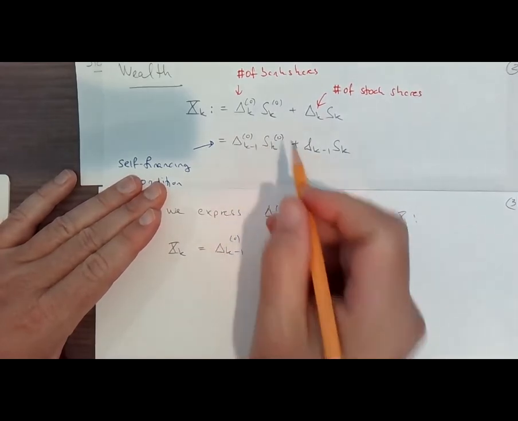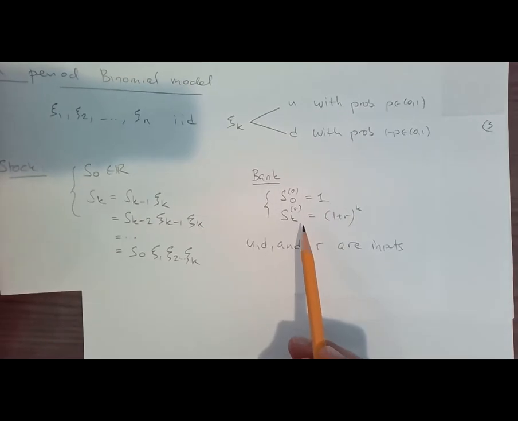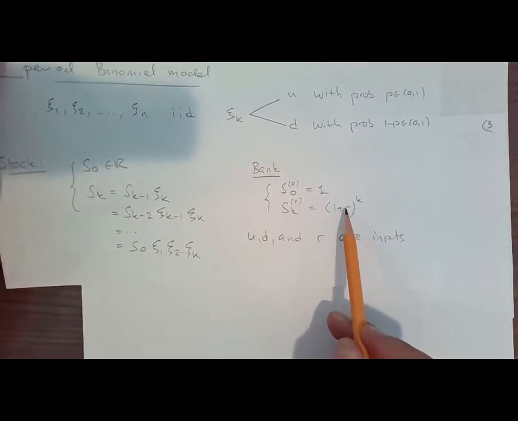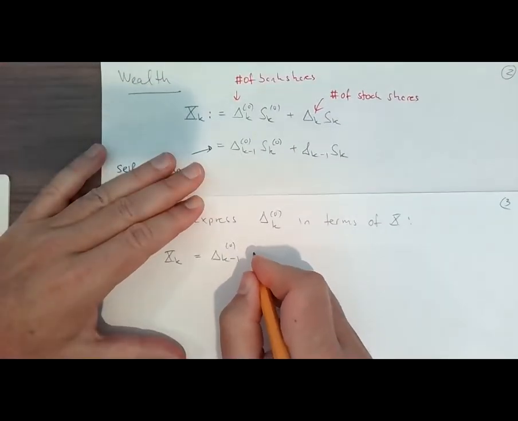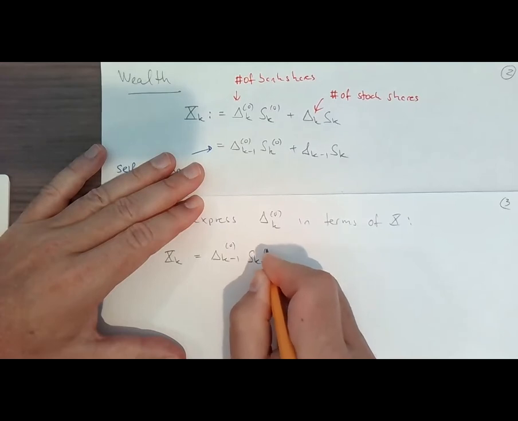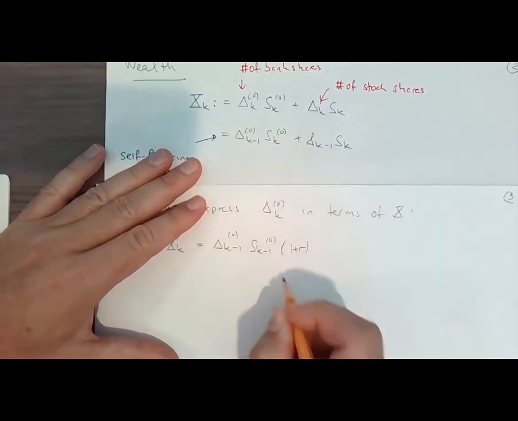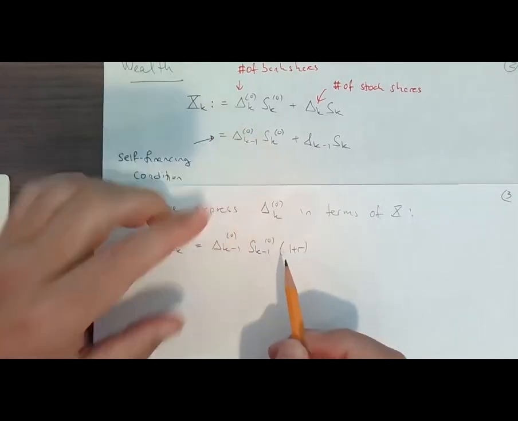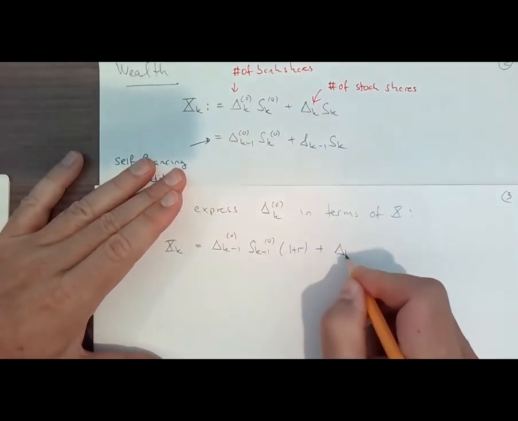And then instead of sk, what I'll do is go back to the definition of the bank account. Right? And so I can pull out a factor 1 plus r. Pull out a factor if I want to write here sk minus 1 is 0. I can pull out this factor 1 plus r here, because when I take the product of these two, I get exactly that one. So I'll do that, and then I'll leave the other term alone.